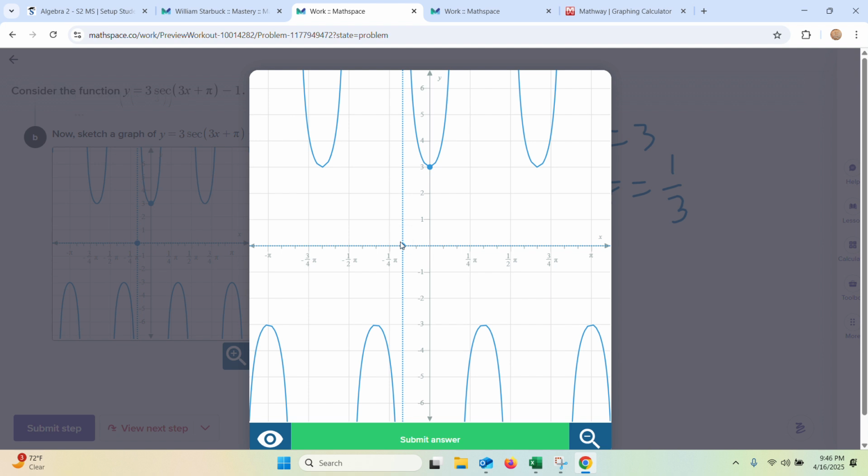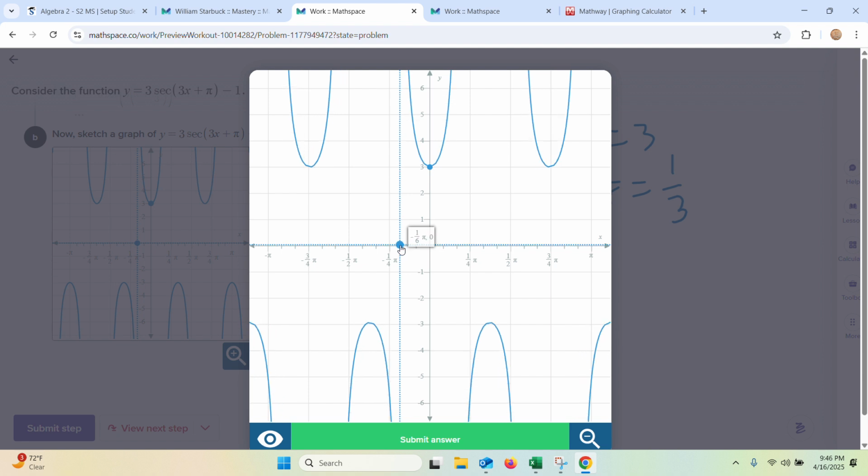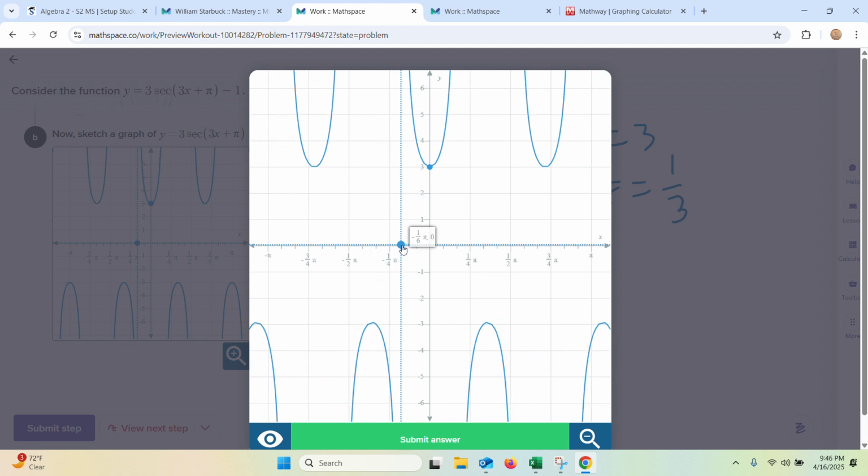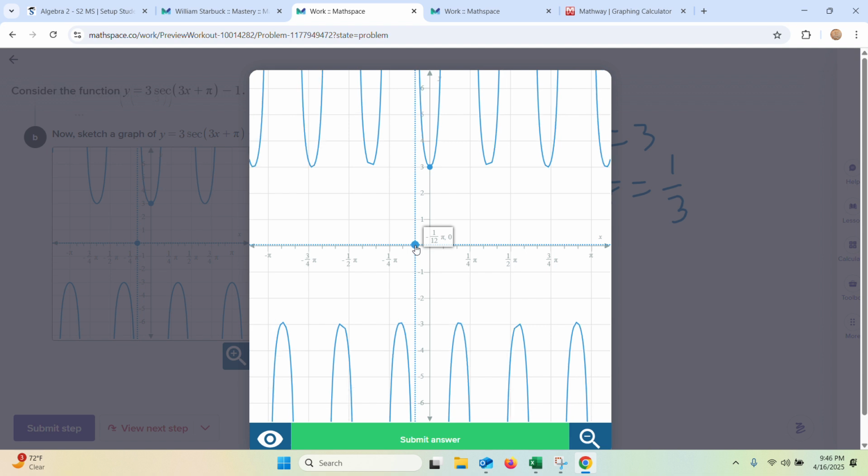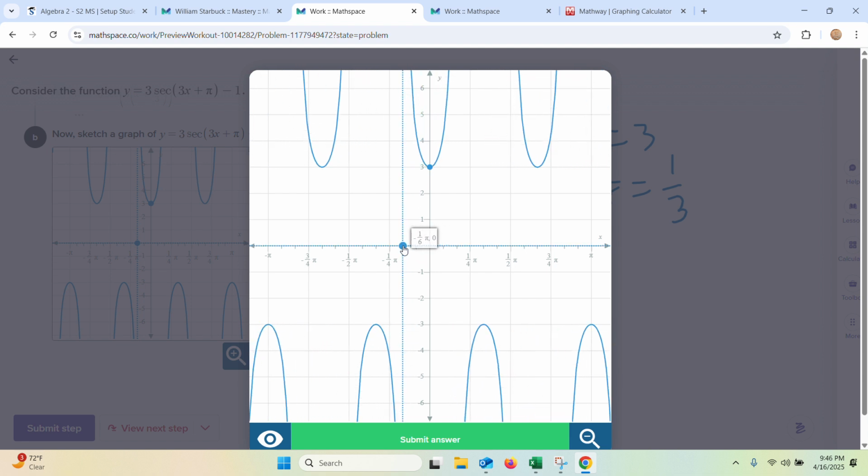Okay, so pi over 3 is a third, which is greater than a fourth. So I'm just going to move this over here. Pi over 12, so each one of these tick marks is a 12.